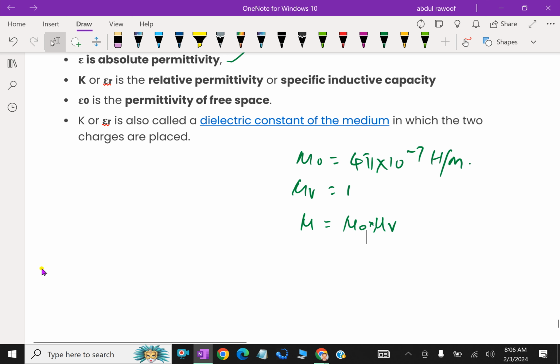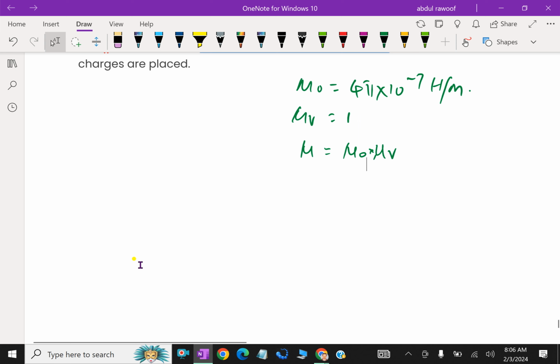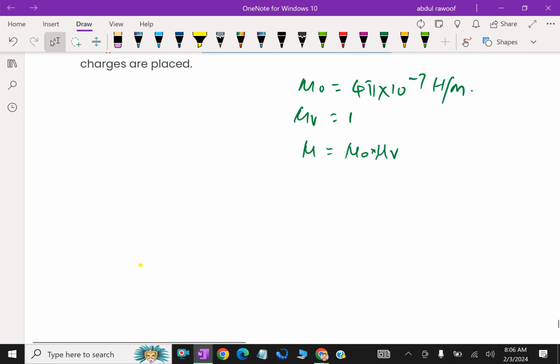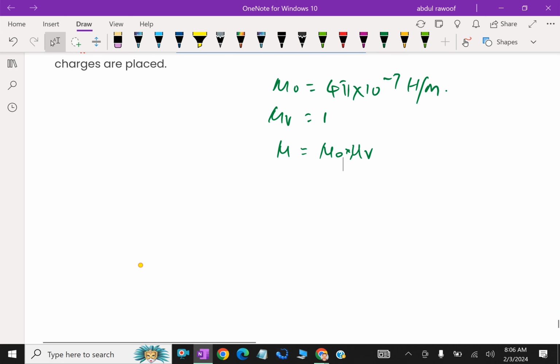We have further discussion about the force formula here. We know that F is proportional to Q1 Q2 over r square.